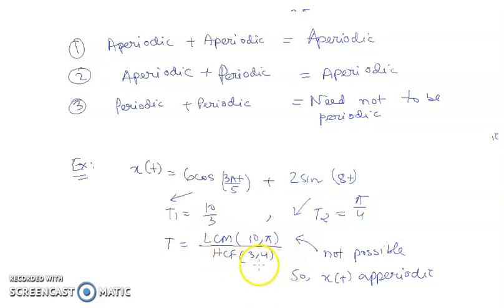The HCF will be 1, but the LCM of 10 and π is not possible since they are not in the same category. π is a different kind of number, so we cannot find the least common multiple of these two. Since T is not possible, x(t) automatically becomes an aperiodic signal.